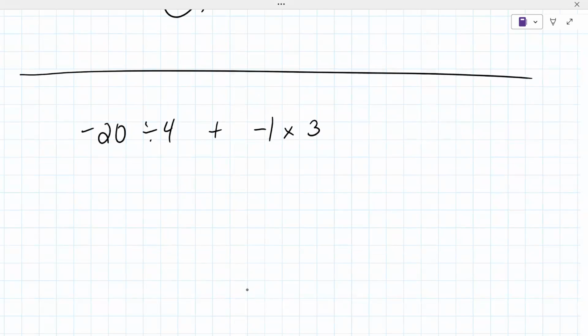Let's go -20 divided by 5 plus -1 times 3. You can actually do multiplication and division simultaneously when they're separated by a plus. 5, 10, 15, 20.